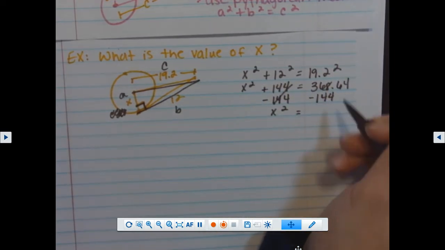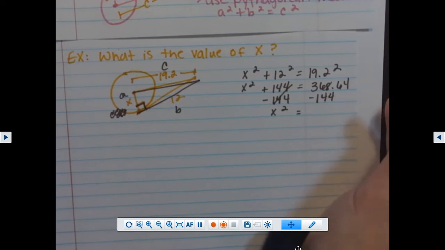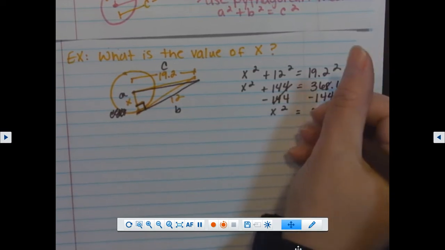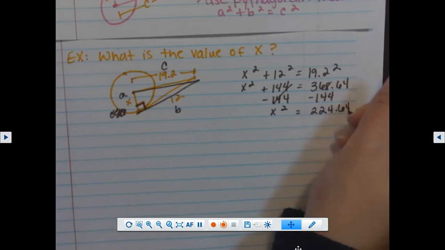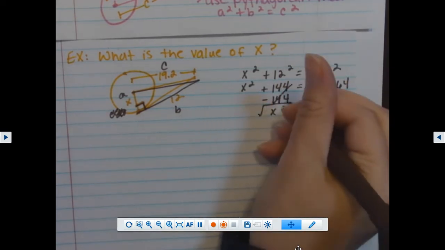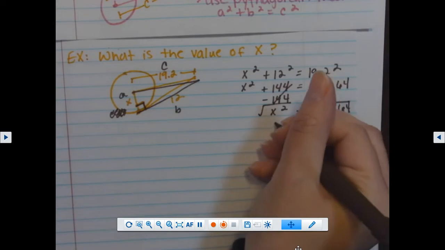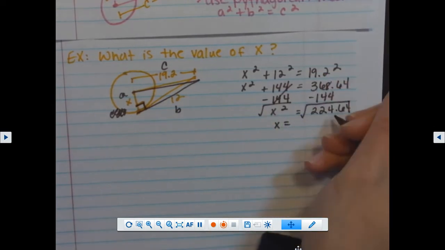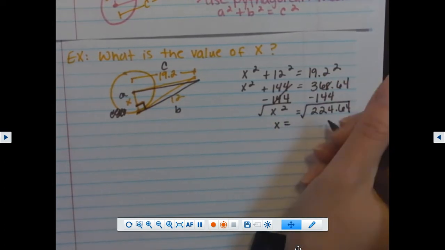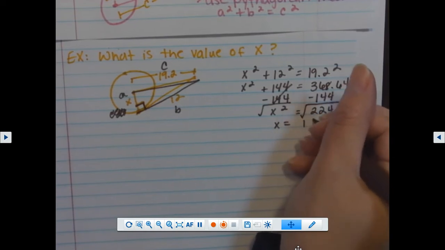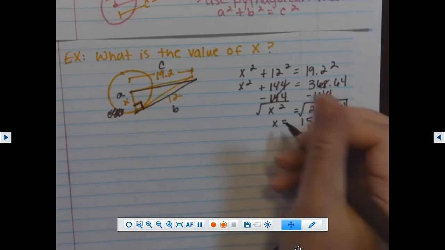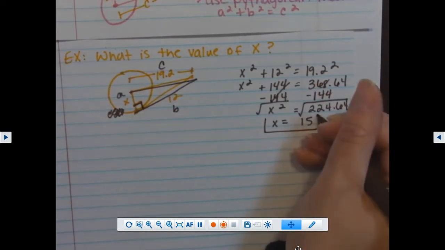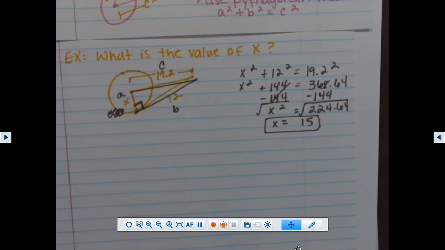When you subtract those two numbers, I get 224.64. Square root both sides, and for that I get 14.9, or about 15. If we rounded to the tenth or to the whole number, we would get 15. So I'm going to say 15.